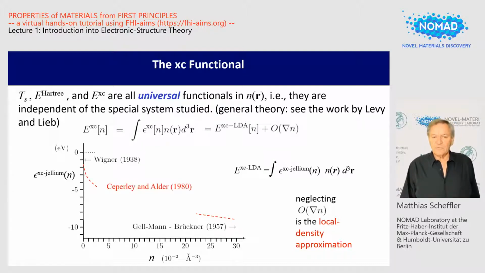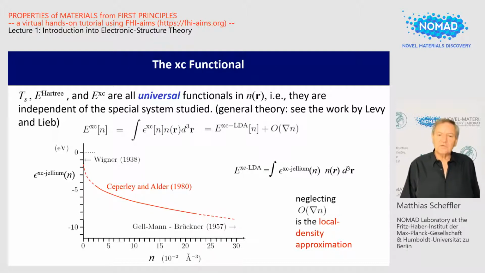And here comes the work by Ceperley and Alder by Quantum Monte Carlo in 1980, and they have shown from Quantum Monte Carlo how this should work, and surprisingly, very smoothly, it simply connects the Wigner and the Gell-Mann-Brückner terms. So we now know Exc jellium, and so for this simple approximation, we have the correct answer.